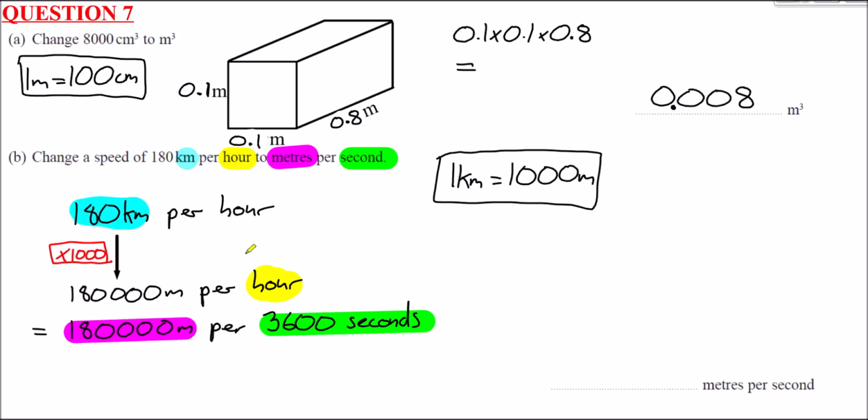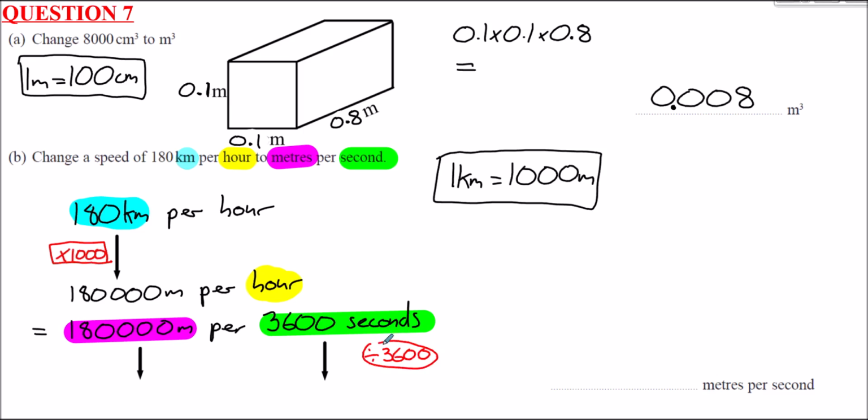But I don't want it per 3,600 seconds, I want it per 1 second. So to go from per 3,600 seconds to just 1 second, I'll need to shrink this down. I need to divide that by 3,600. But if I divide the time by 3,600, I also need to do the same to that distance as well.